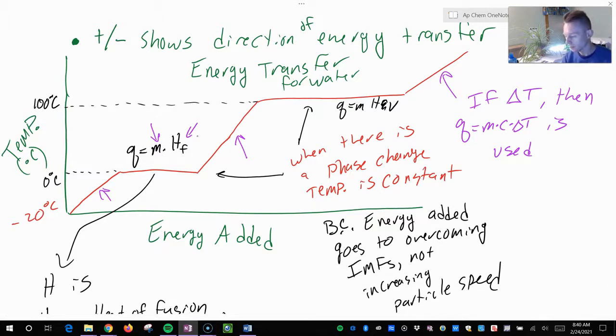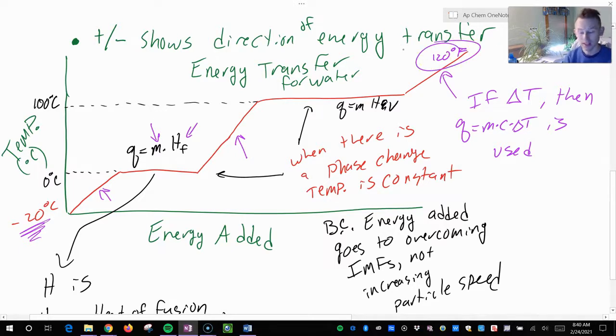Let's call this 120 degrees Fahrenheit. No, I'm not going to do this example, but let's say you were given a problem where you're given some solid water or ice at -20 degrees Celsius. How much energy is required to bring the temperature of the system all the way up to 120 degrees?